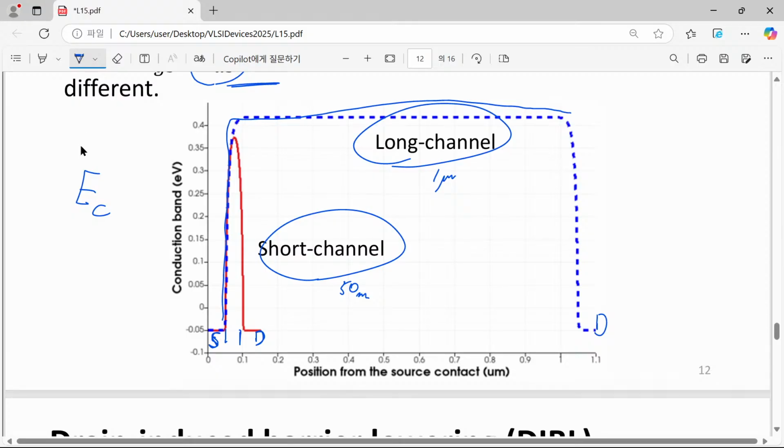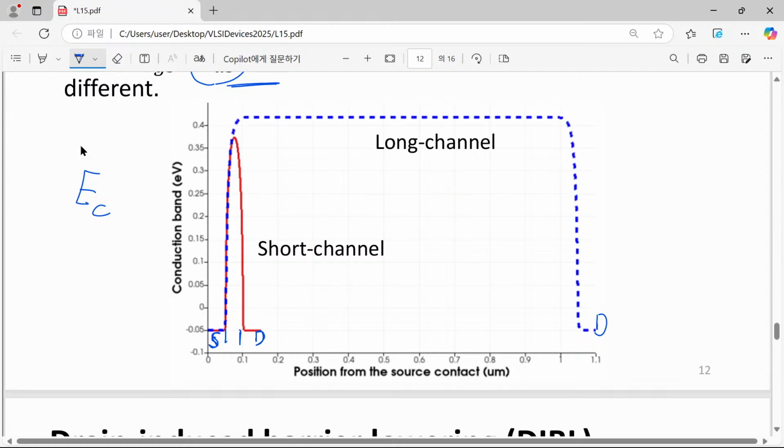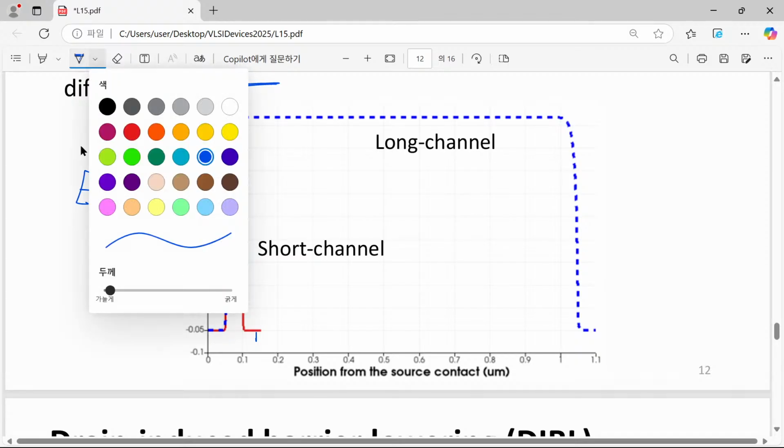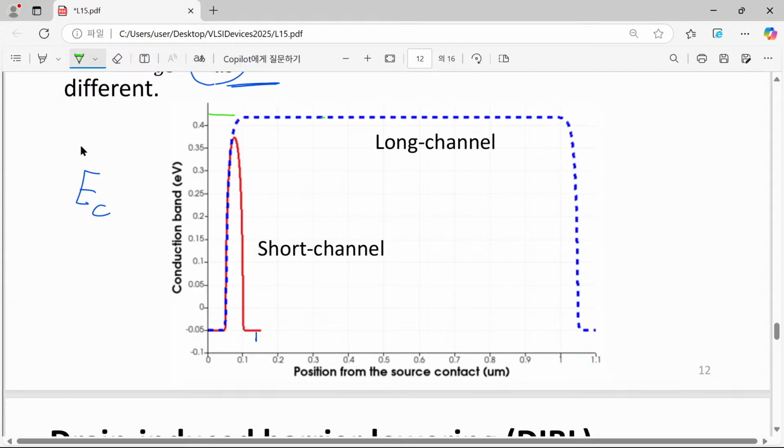Point is, when we make these two devices, they have all the same parameters, only the geometrical channel length is different. Please have a look at this conduction band minimum energy. For the long channel device, this is the maximum energy of our conduction band. It is above 0.4.